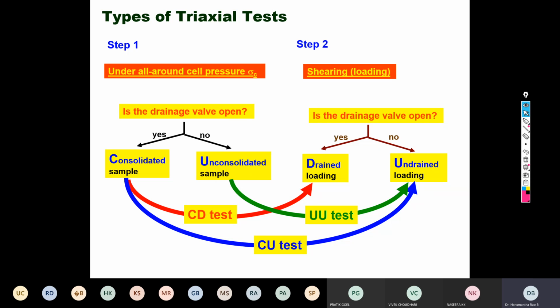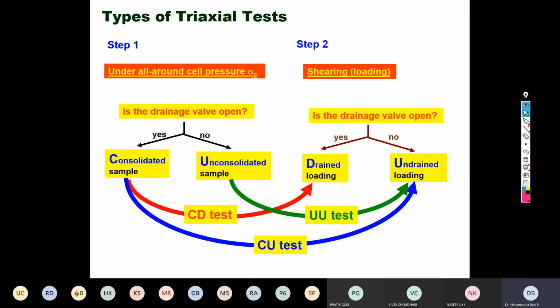So how to distinguish between UU, CU and CD test? The degree of consolidation is always measured in the form of parameters called A and B. I will explain those in the subsequent slides. When the sample is consolidated, all the water gets expelled out, thereby the whole load is borne by the soil particles. In the unconsolidated condition, the load is shared between the soil and the water.